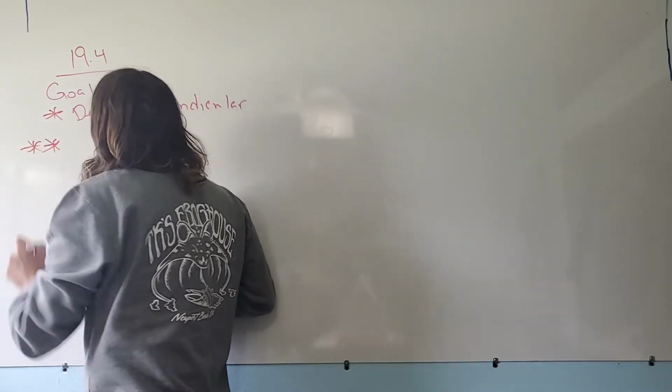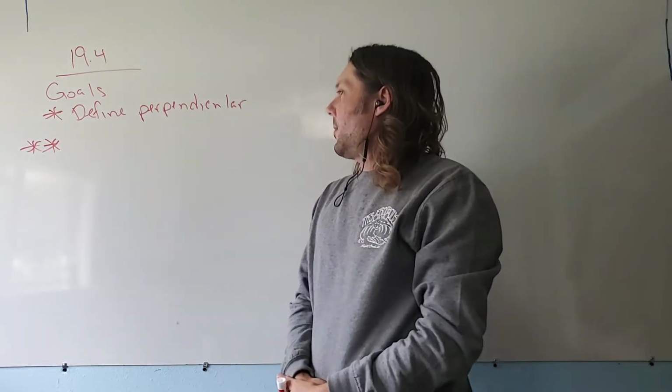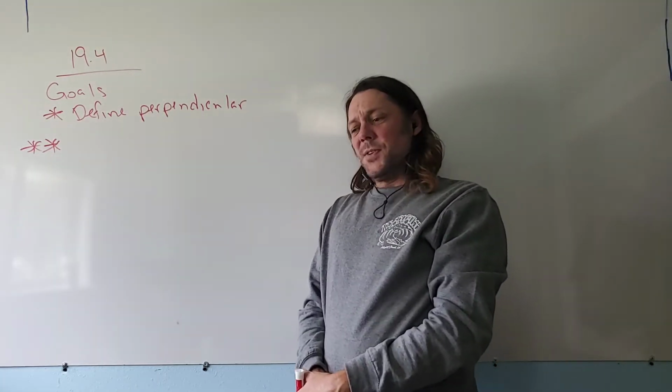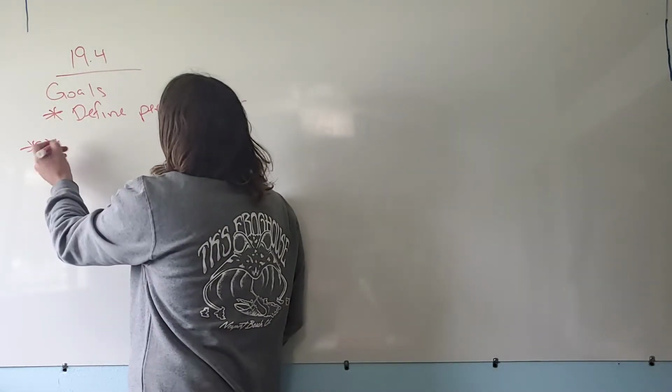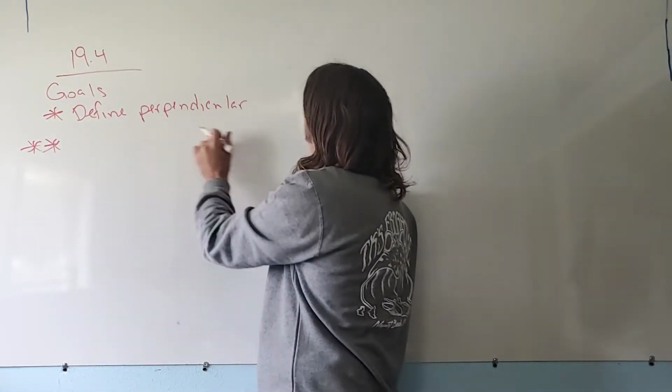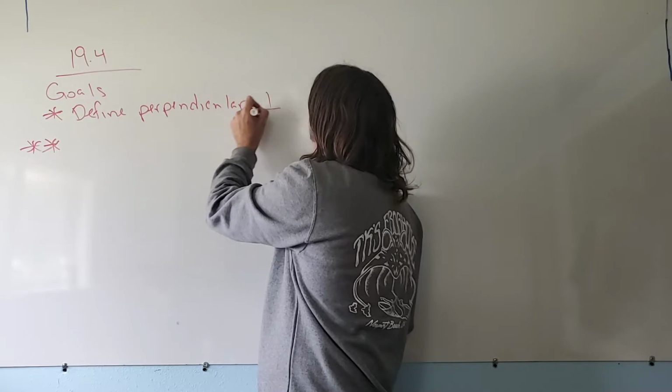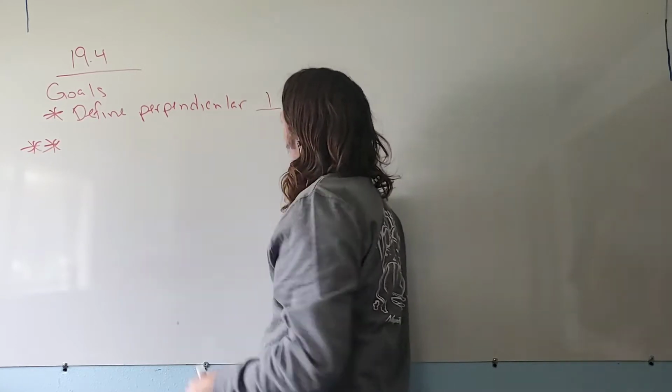Our second goal is going to be that we're going to talk about a perpendicular bisector of a segment. And by the way, perpendicular has a symbol. I'm just going to use that symbol instead of writing out the entire word.